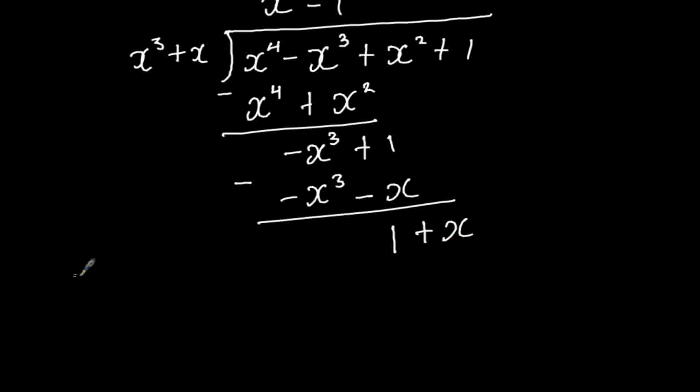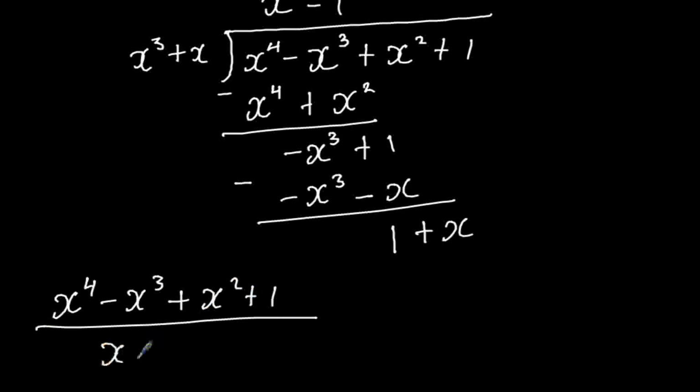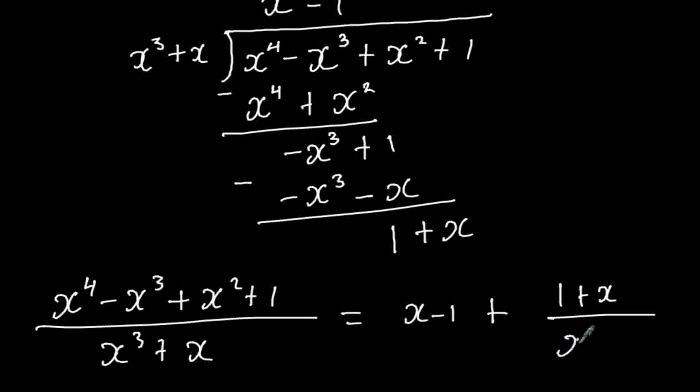So that expression, which was x power 4 minus x cubed plus x squared plus 1 over x cubed plus x, can be written as x minus 1, then plus 1 plus x over x cubed plus x.